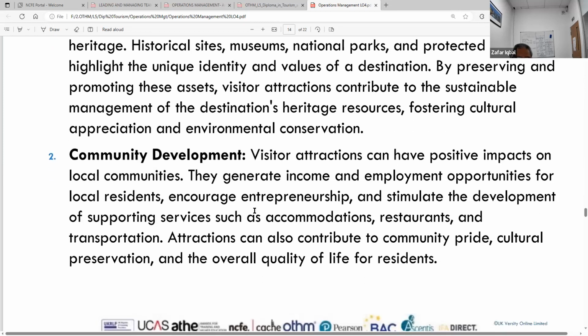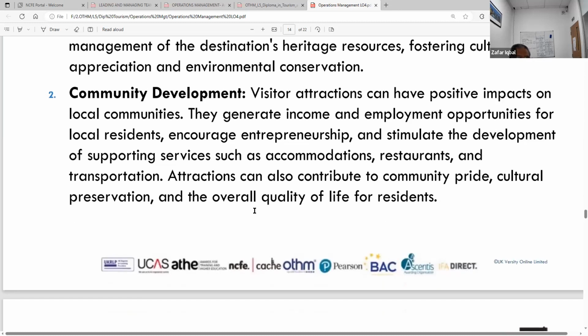Okay, another factor that you need to consider is, as we said earlier on, the partnership and development between local businesses, local people, local entrepreneurs, partnership with local council, local residents, and so on. So community development is very important to attract business.